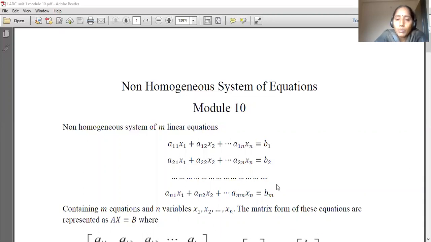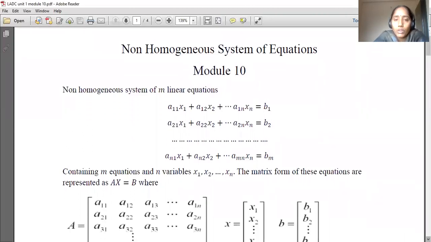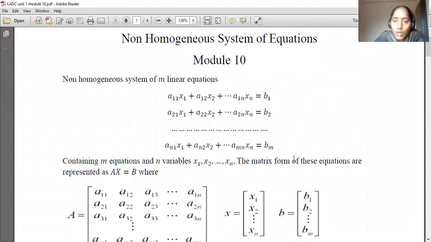Now we are expressing this system of equations in matrix form. Remember, in this system, m equations are given in n variables. We write this system as Ax equals B, where A is the coefficient matrix, X is the variable matrix, and B is called the constant matrix.